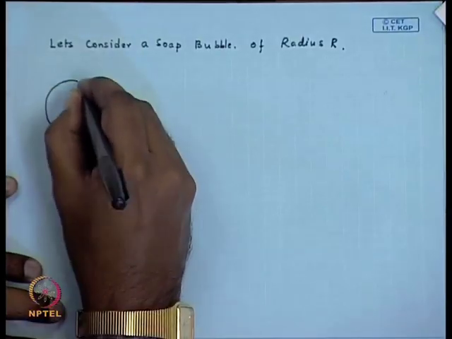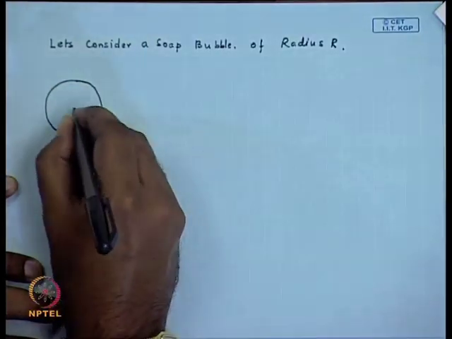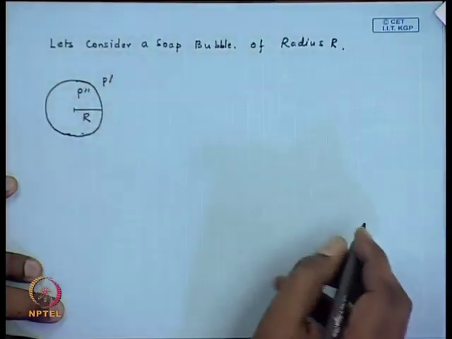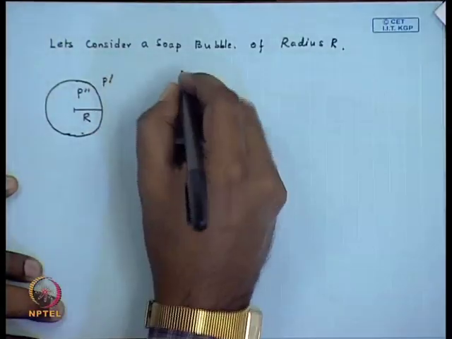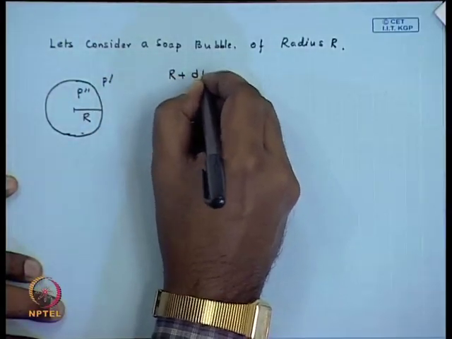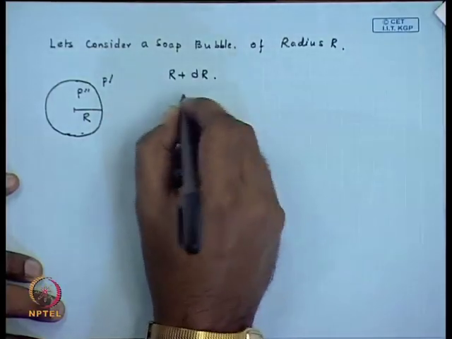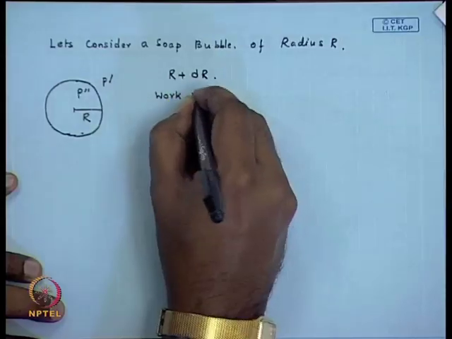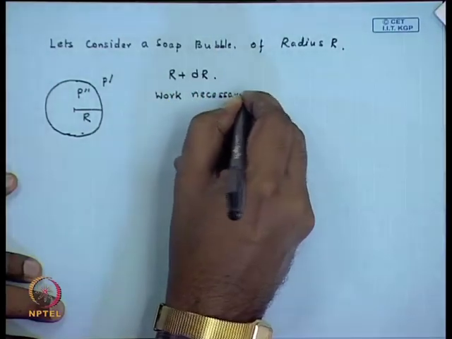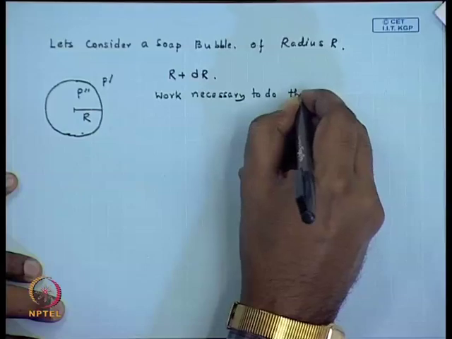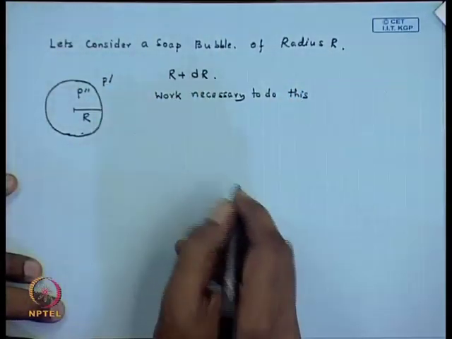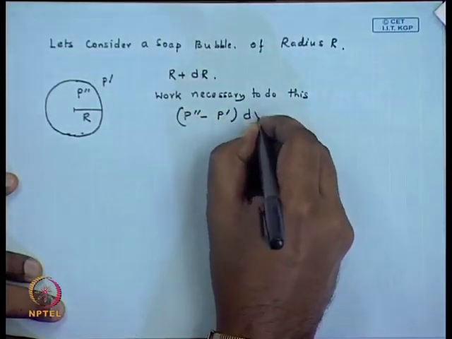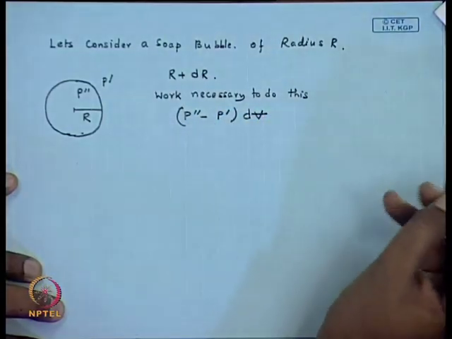So, this is the radius r. Let us say the pressure inside is P double dash, the pressure outside is P dash, and suppose it is expanding and it has expanded to a radius of r plus delta r. So, the work necessary to do this, expanding against a pressure of P dash, is P dash dV bar, where dV bar is the change in the volume.